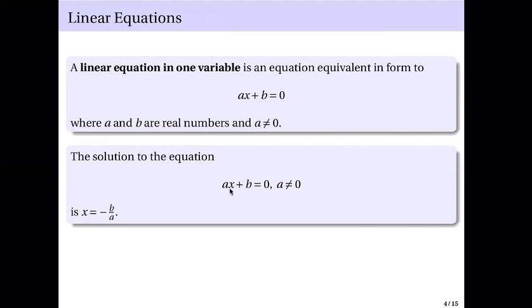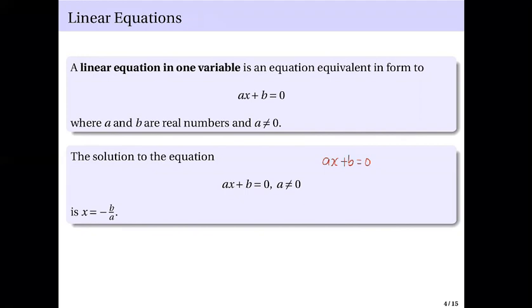Now, from this form, ax plus b equals 0, how do we get x equals negative b over a? Again, I'll show you the step-by-step computation. We start with ax plus b equals 0, and what we're going to do is to use all the properties that we listed earlier.